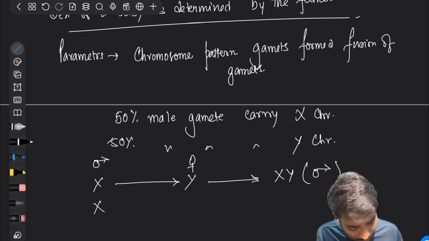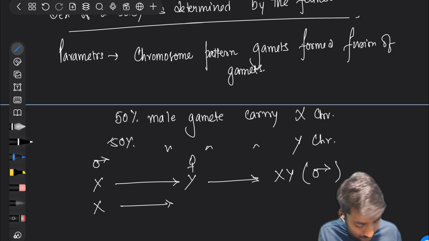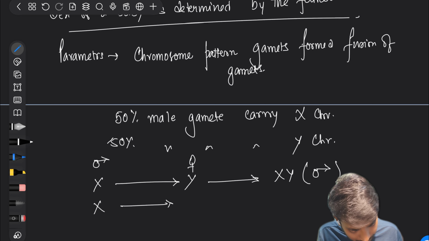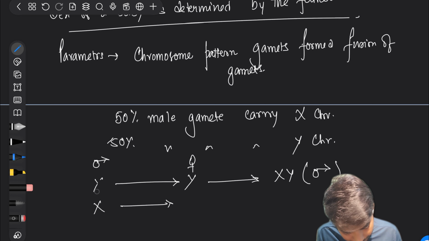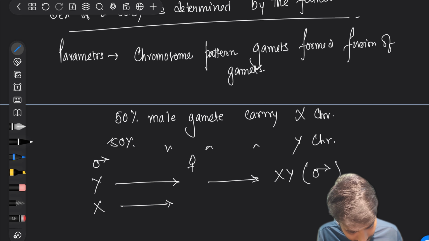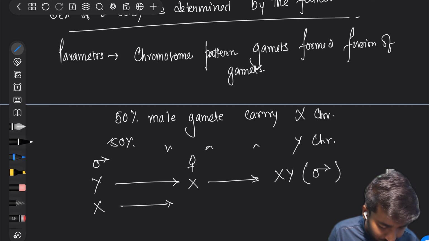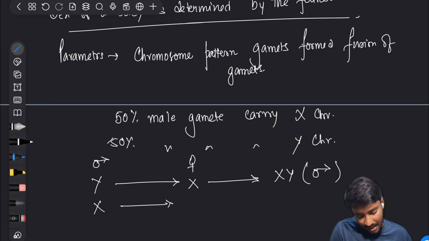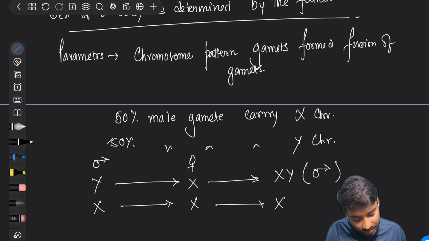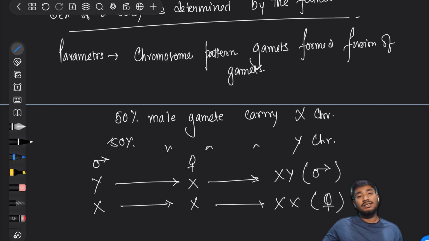If the Y chromosome of the father fertilizes the X chromosome of the mother, the baby is male, and if the X chromosome of the father fertilizes the X chromosome of the mother, it is female. Okay, so that is how we determine the sex of a baby.